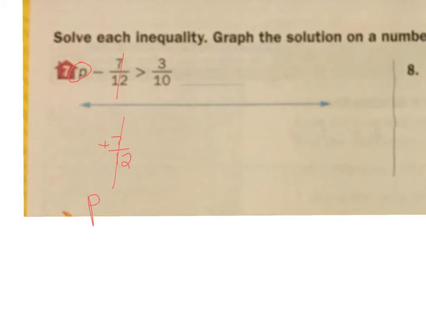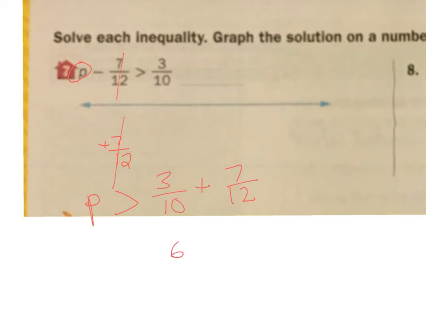So it leaves me with p equals, or no, not equals. P is greater than 3/10 plus 7/12. Now to add these together, I have to have common denominators.